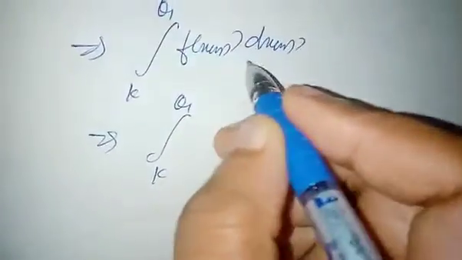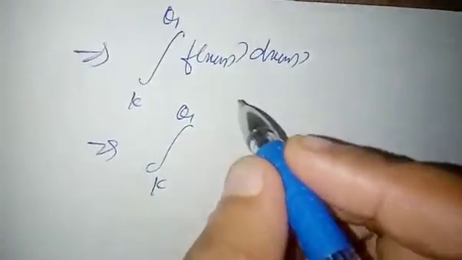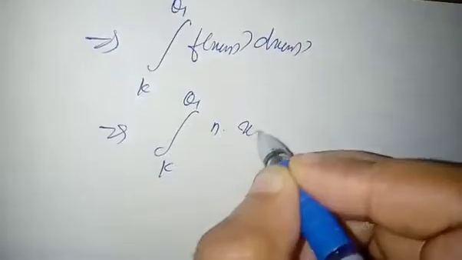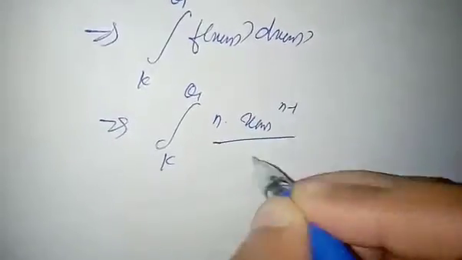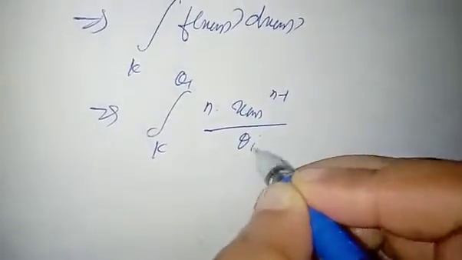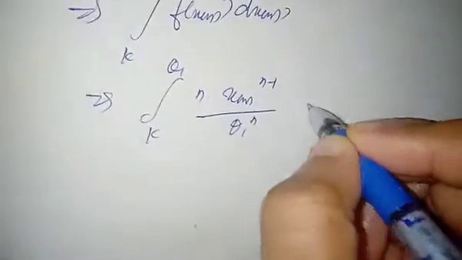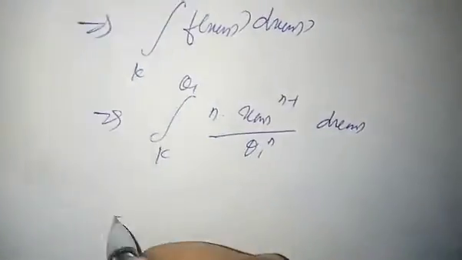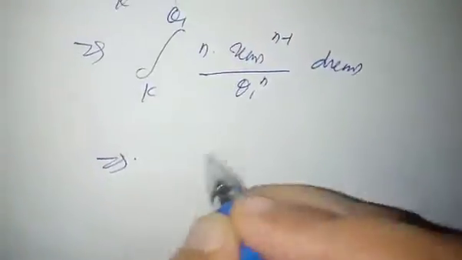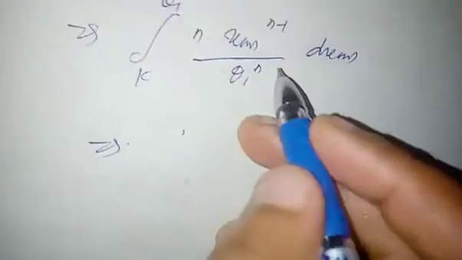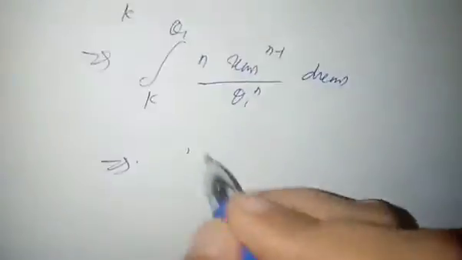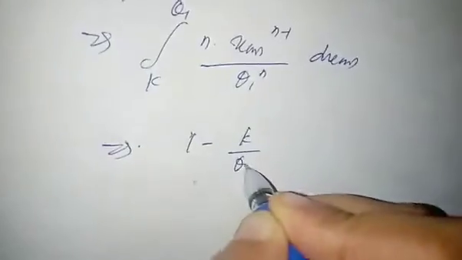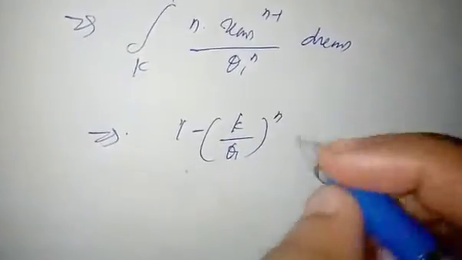Which implies the integral from k to theta 1. What is the value of f of xn, the density of the nth order statistic? That is n into xn power n minus 1 divided by theta 1 power n, dxn. Then integrating this term, we get 1 minus k divided by theta 1 power n.